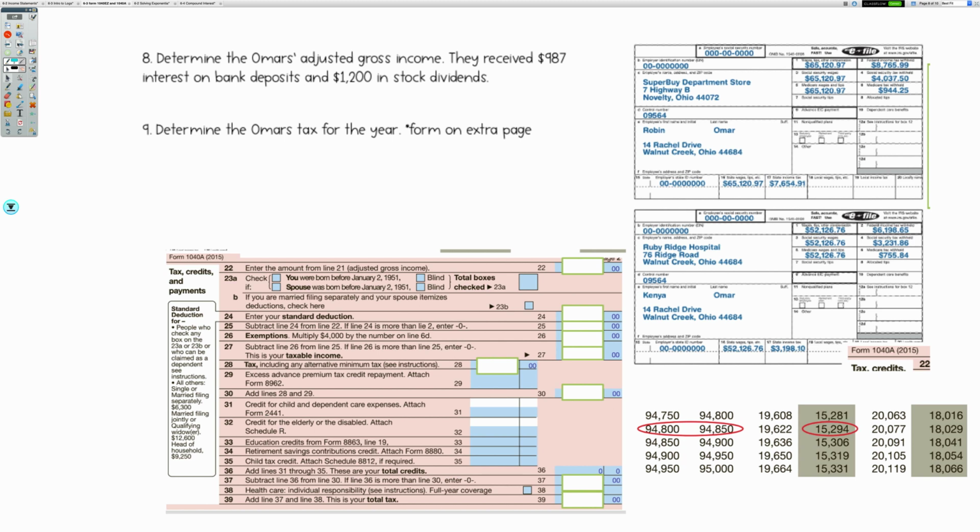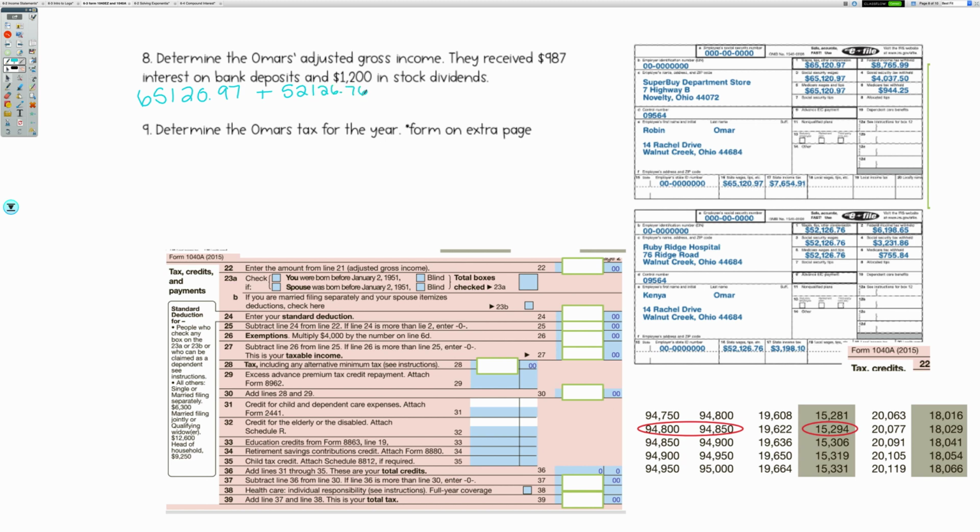How much does Robin make according to Robin's W-2? 120. Okay, we'll round the change at the end because we want no change. How much does Kenya make? 52,126.76.